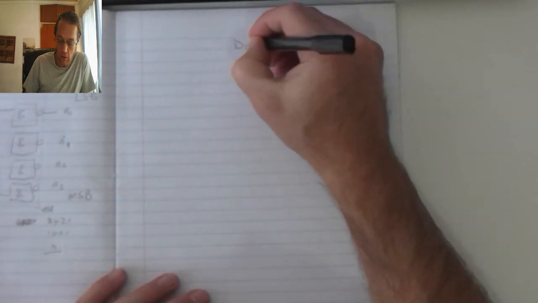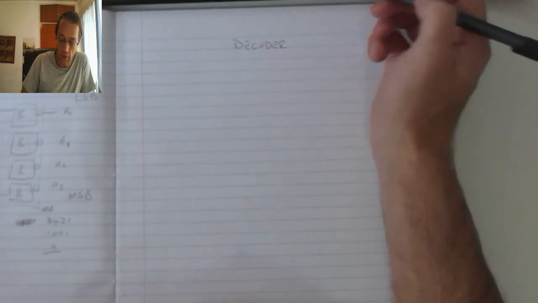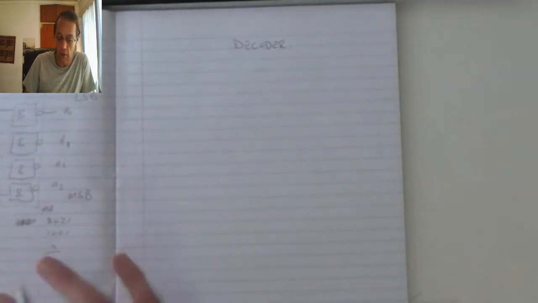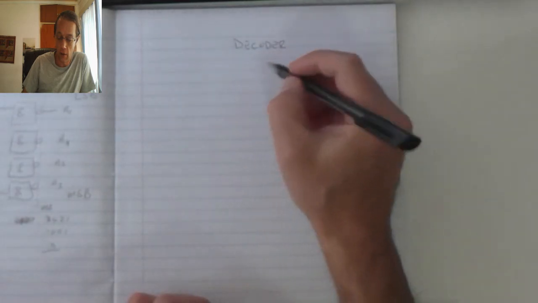The decoder circuitry is a lot more complex, but the bottom line for the decoder works as follows.